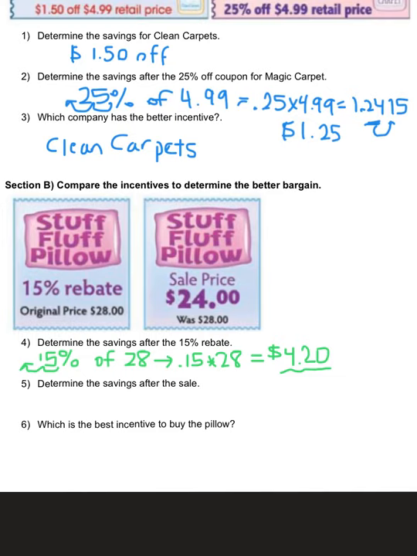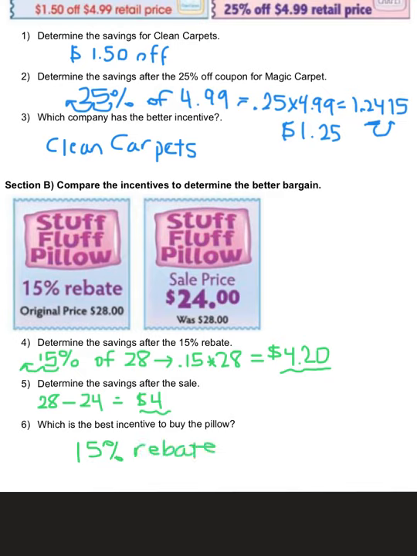Well, if we look at the second one, the original price was $28. Then you're going to pay $24, so you figure out the difference in the dollar amounts, and that would give you $4. So that would be your savings after the sale. Now, which is the better incentive to buy the pillow? $4.20 is more than $4 savings, so therefore the 15% rebate has the better incentive.